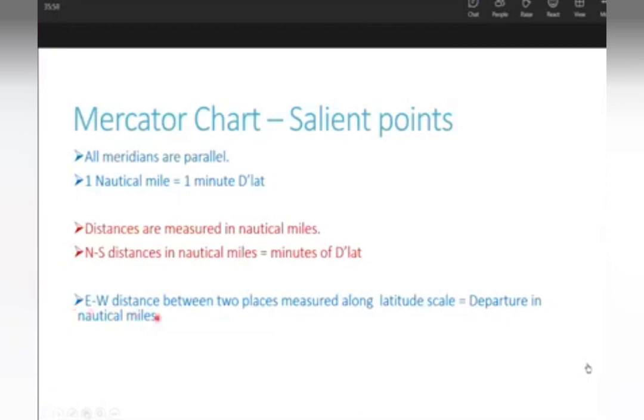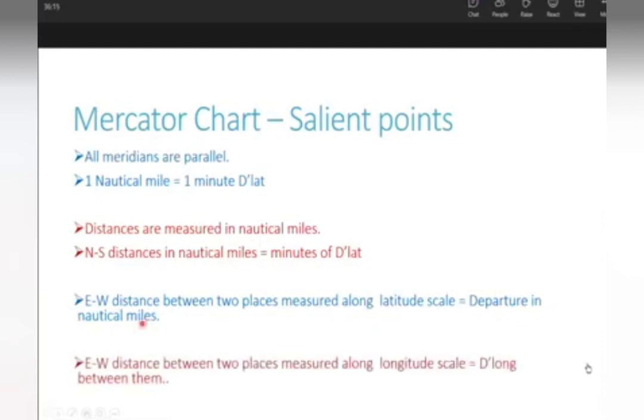If you measure the east-west distance between two places along the longitude scale, it will give you the D-long. But if you measure it along the latitude scale, it will give you the departure between them in nautical miles. So these were some features of the Mercator chart, which will help us in constructing a small part of it on our answer sheet.